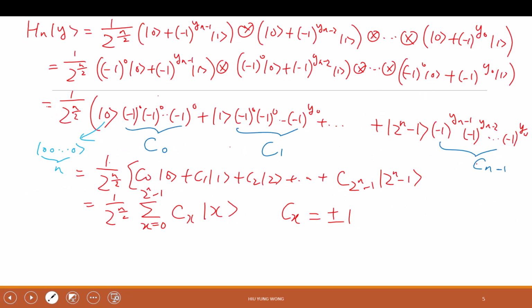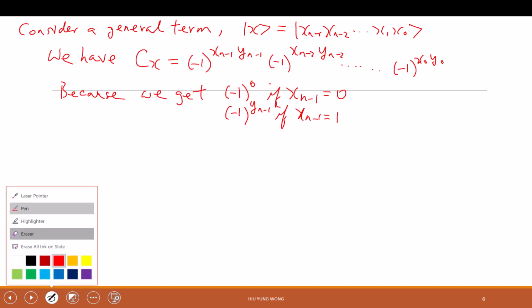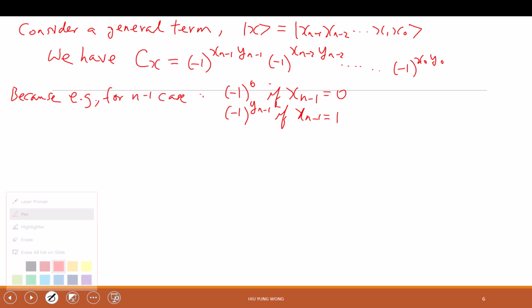Maybe let me make it clear. Let me say for example, for the n minus 1 case, we just take one of the cases.